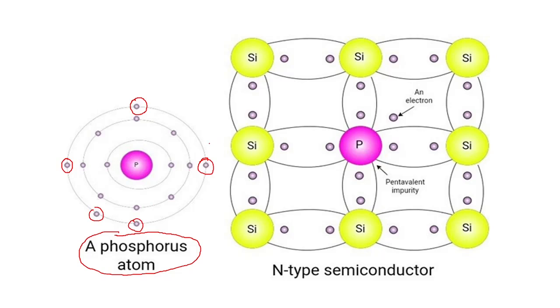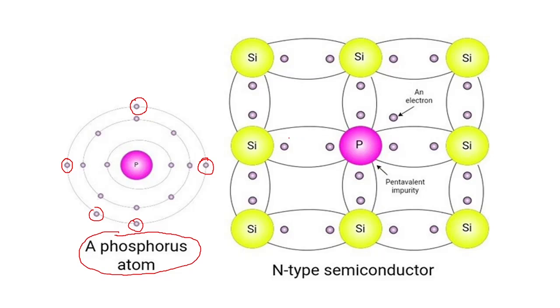Now when we add a small amount of phosphorus atoms to a set of silicon atoms, as we can see here as an example, one phosphorus atom is added to these many silicon atoms. The 4 valence electrons of phosphorus will make 4 covalent bonds.